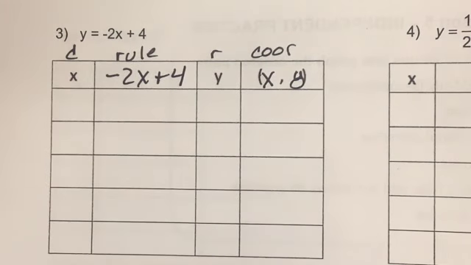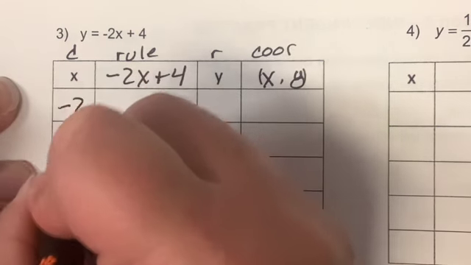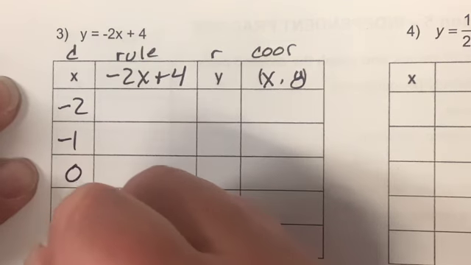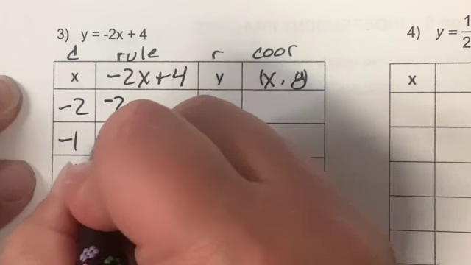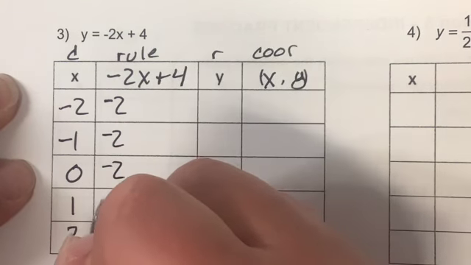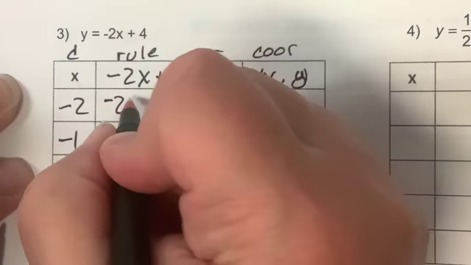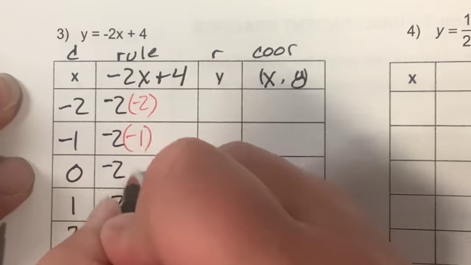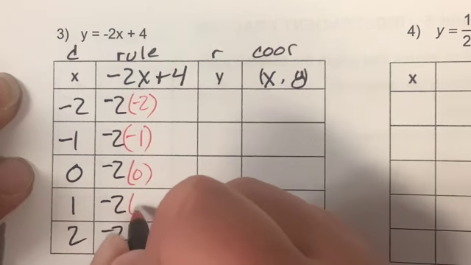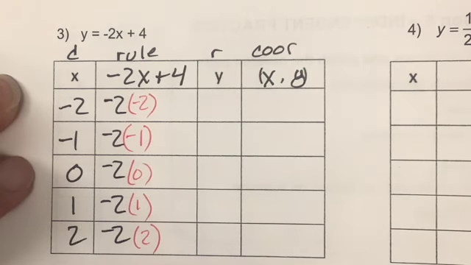I have no fractions, so I'm just going to use a regular old normal domain: negative 2, negative 1, 0, 1, 2. And then I'm going to multiply negative 2 times my domain and add 4. I never would have been able to fit into these little tiny boxes with my big giant handwriting.